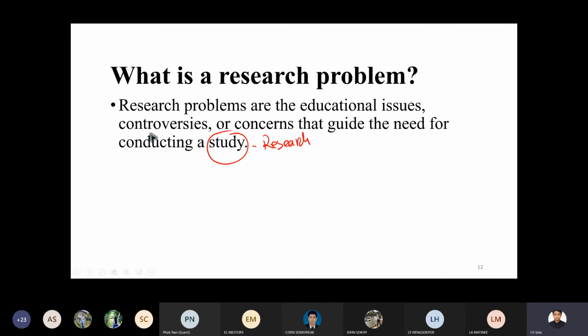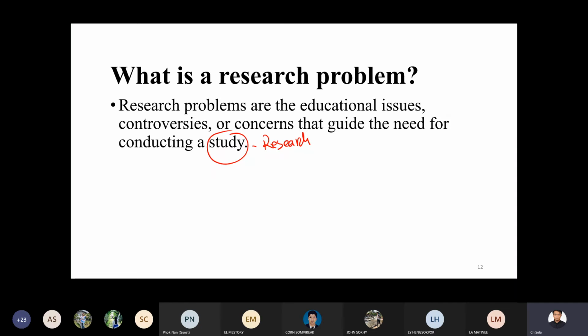People do not agree, and you want to do the research. You want to find out which one is true and which one is applicable for your real teaching class, and the concern that guides the study. Otherwise, we don't need to do the research. You have to feel concerned about something.